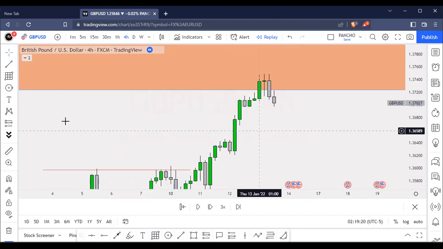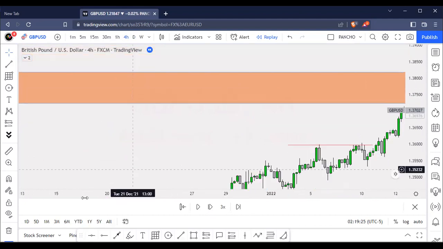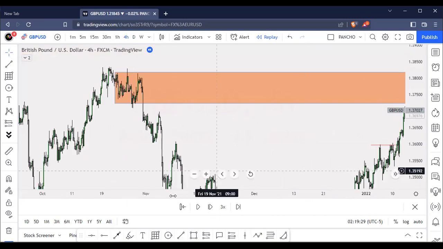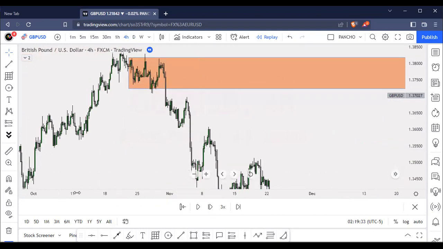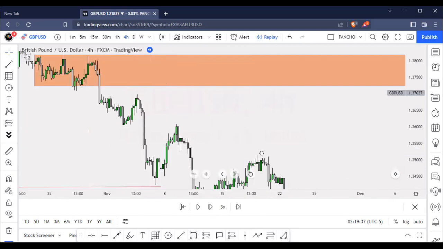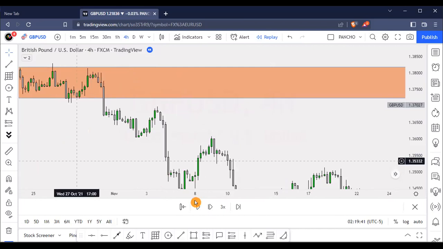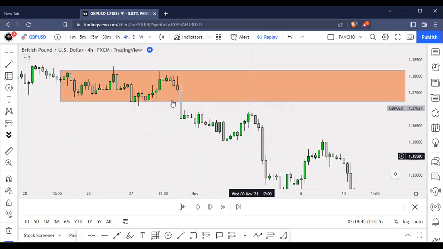We can clearly see, let me check first if this is a clear 4 hour order block. The order block is this one.